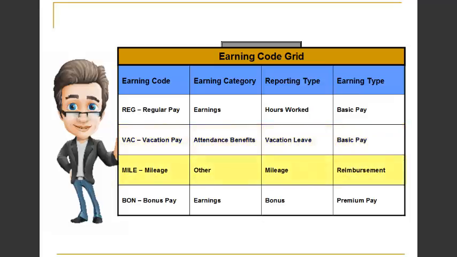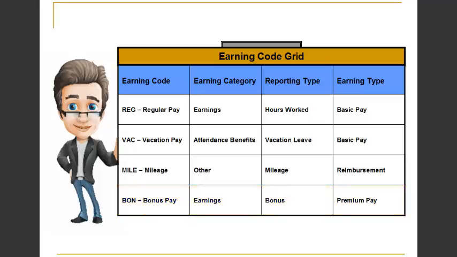The next code is mileage. The earnings category is other, the reporting type is mileage, and the earnings type is reimbursement. The last item is bonus pay. The earnings category is earnings, the reporting type is bonus, and the earnings type is premium pay.